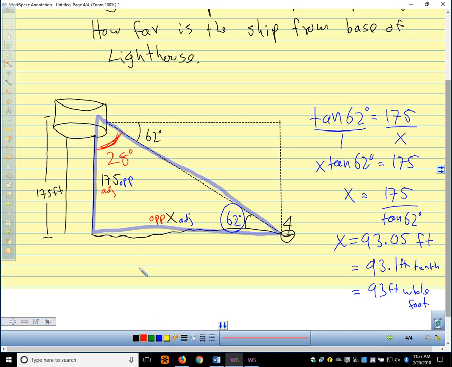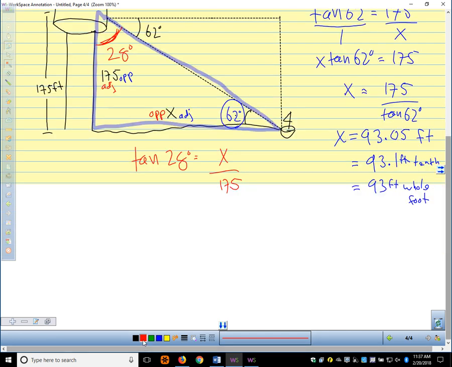And for the red angle, it's opposite and adjacent again: tangent 28 equals the opposite, x over 175. We could think of that as a proportion. And I get x equals 175 tangent 28. And if you plug that in your calculator, you get the exact same answer.